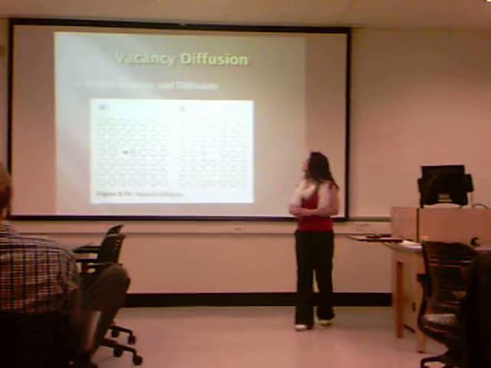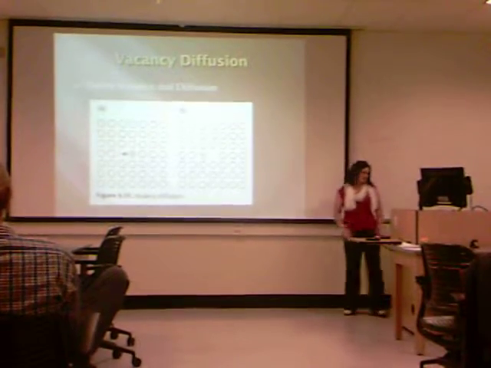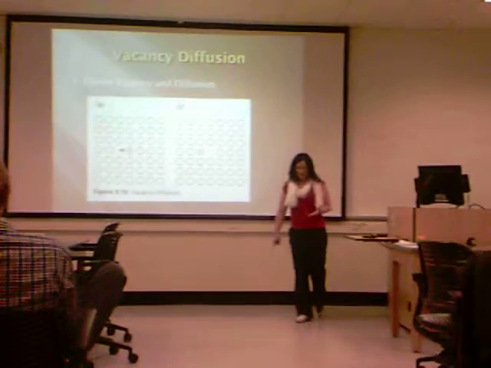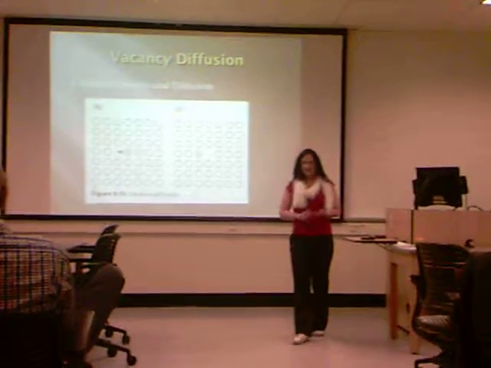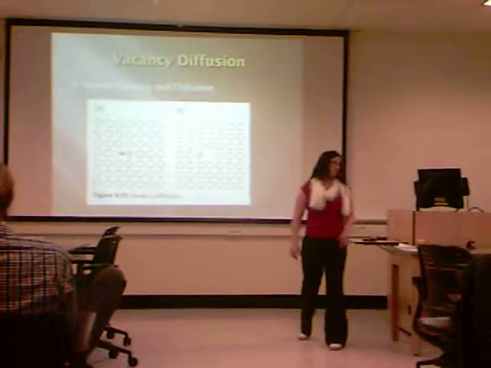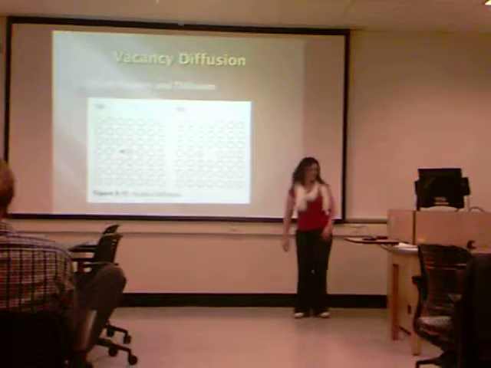And they call that vacancy diffusion. And this is why it's like a liquid, but it's not a liquid, because only parts of it move at any particular time, and it doesn't move as a whole structure like you would expect with a liquid.